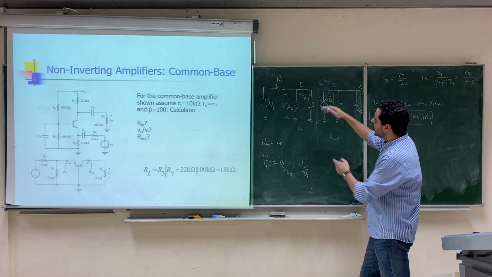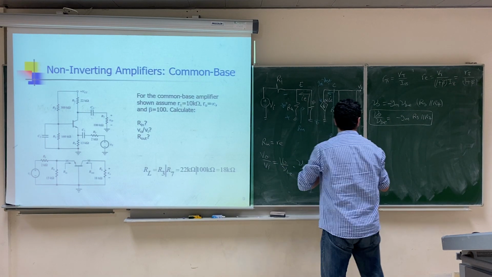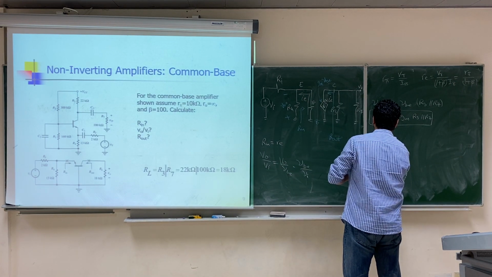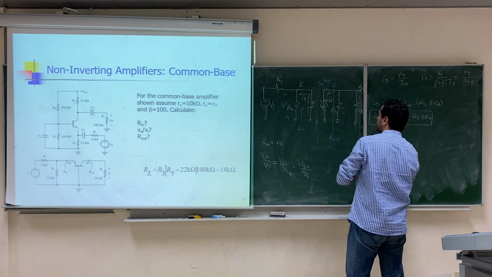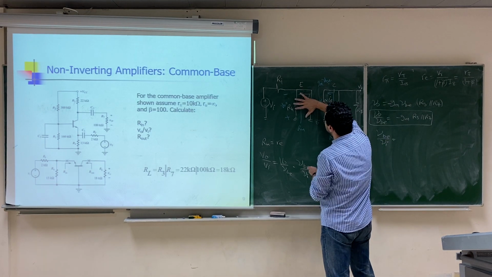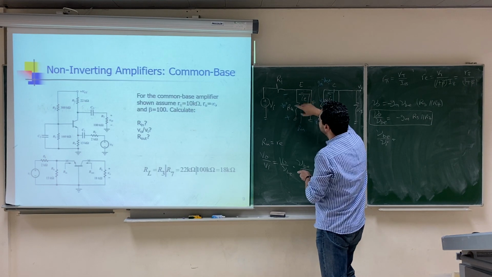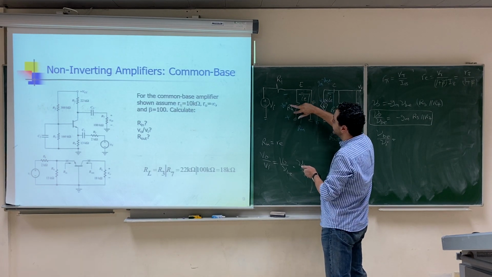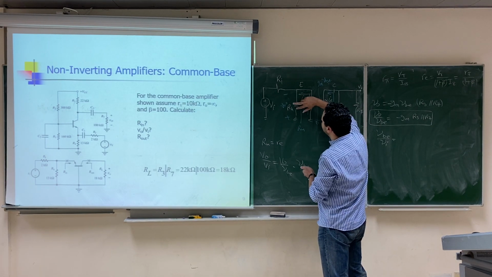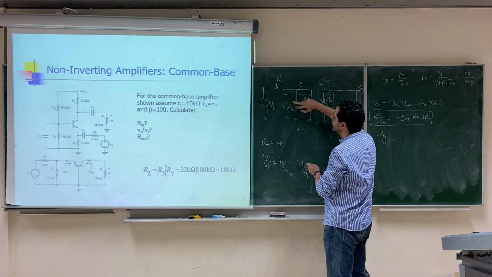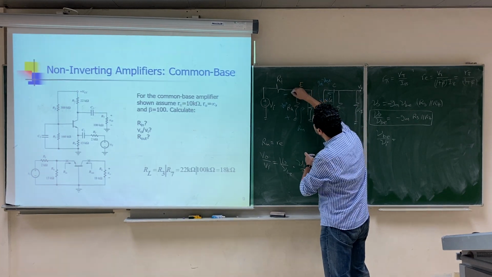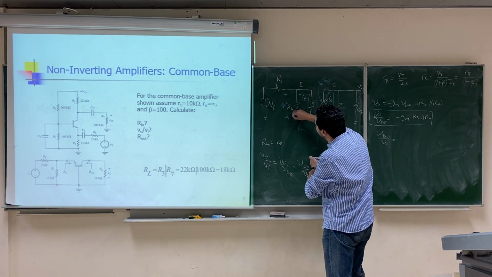Then VBE over V input is a voltage divider rule. It is equal to this resistance, the whole thing here, divided over the sum, but with a negative sign. Why with a negative sign? Because when you do the voltage divider rule, you will get VEB, not VBE. VEB has the positive up and the negative down.